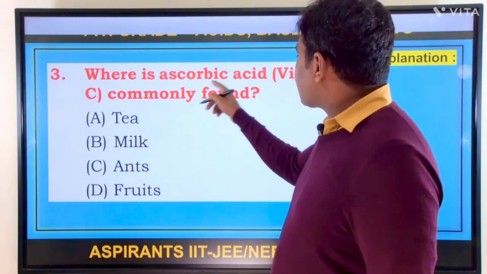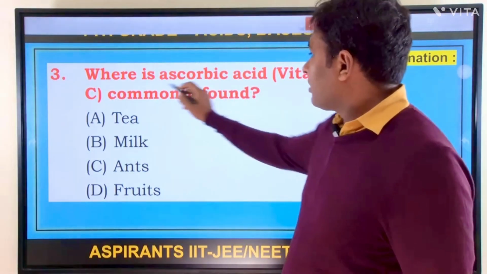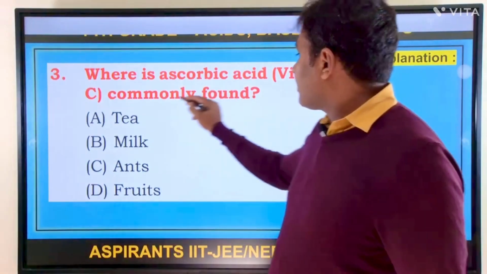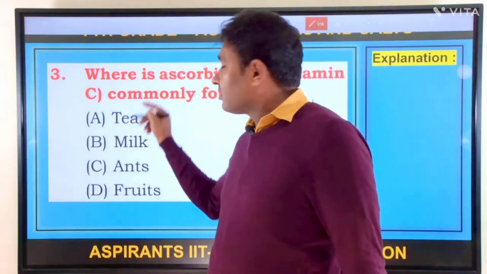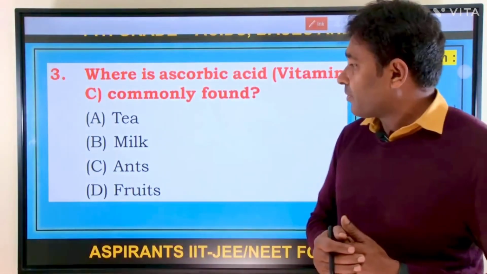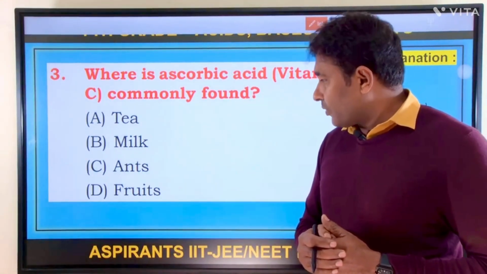Ascorbic acid is nothing but vitamin C. Where is ascorbic acid commonly found? In which of the given components is ascorbic acid found? Tea, milk, ants and fruits.